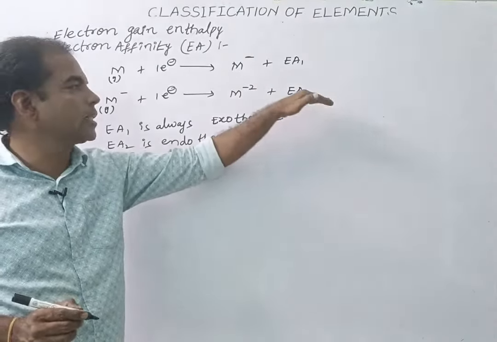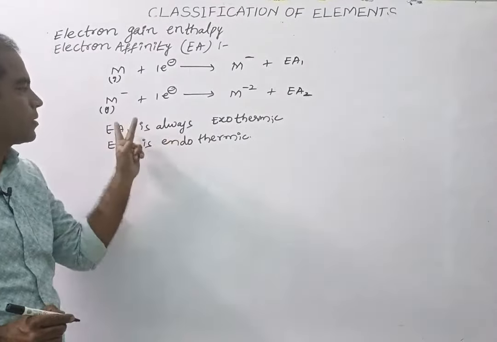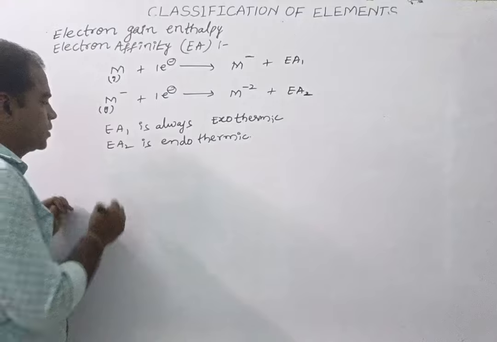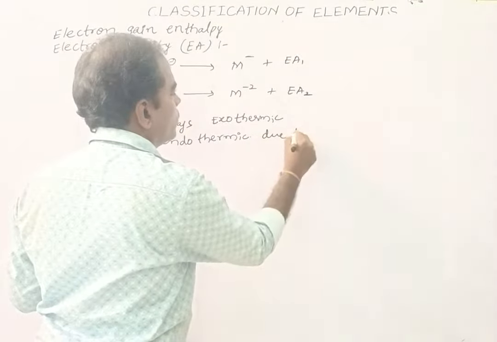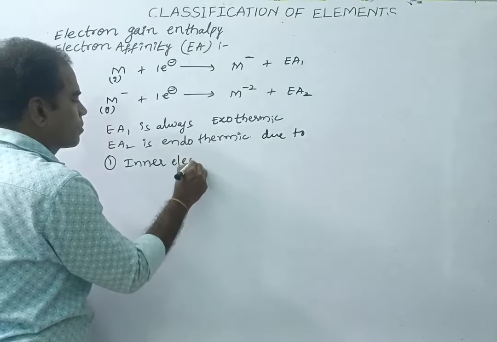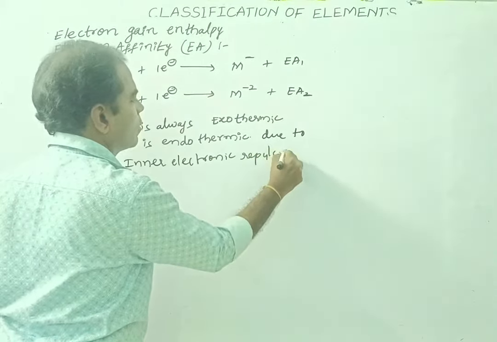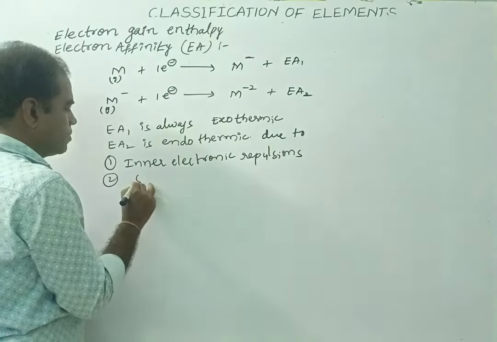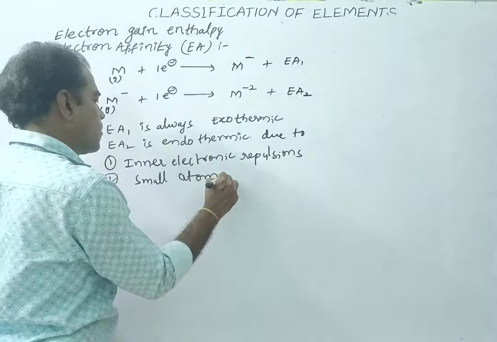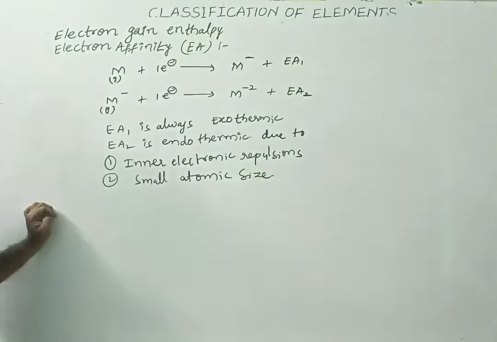Remember, the first electron affinity is always exothermic, and the second electron affinity is endothermic, because of, number one, inner electronic repulsions, and second, small atomic size or atomic radius.